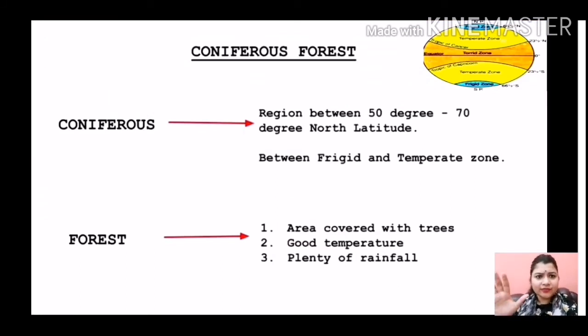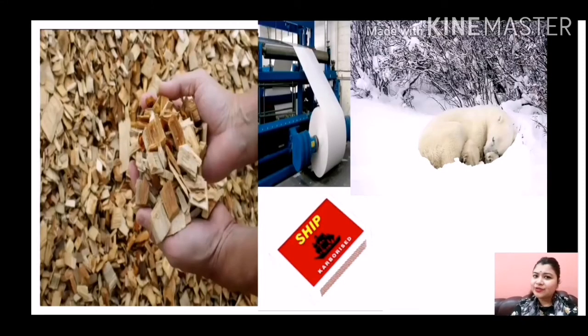Now coniferous forest: the word coniferous means the region between 50 degrees and 70 degrees north latitude. Between the frigid and temperate zones you will basically find this kind of forest. So this is the mind map. Forest means only trees are there, with different temperatures and different intensities of rainfall.